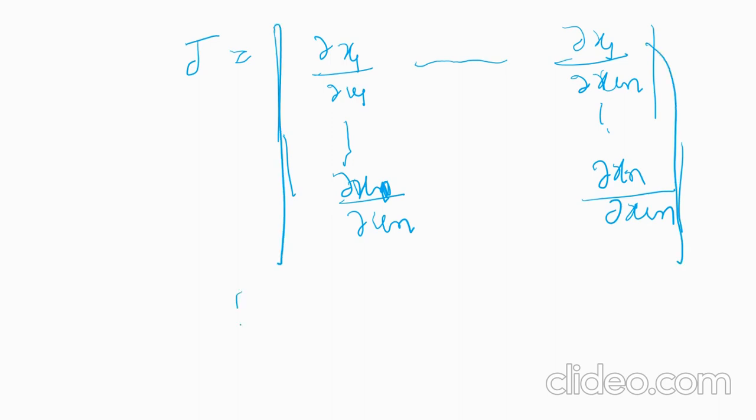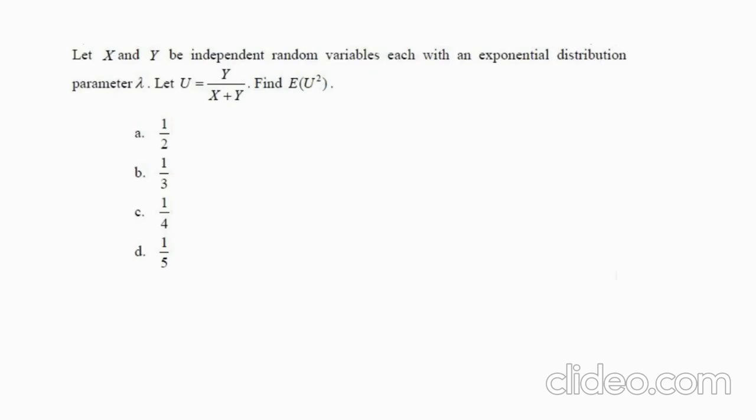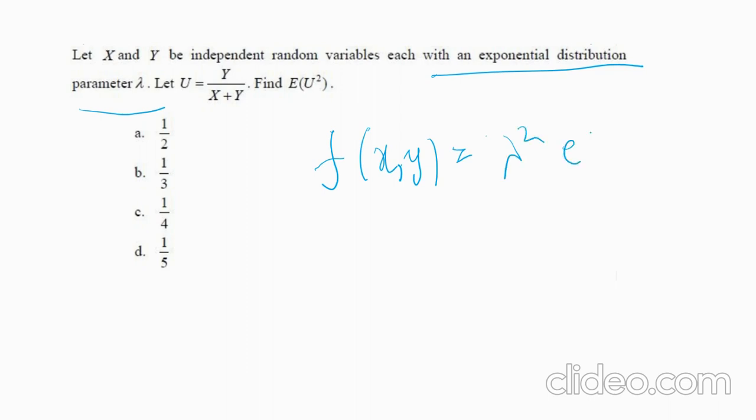Then f of u is equal to f of x at x(u), multiplied with the modulus of the Jacobian. What is given here is exponential, so f of xy will be lambda square e to the power minus lambda (x plus y).